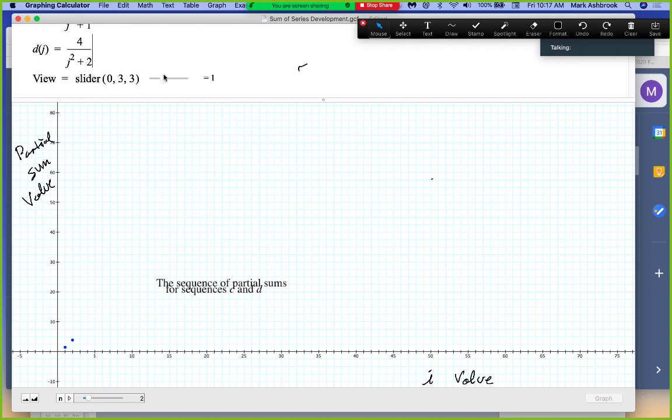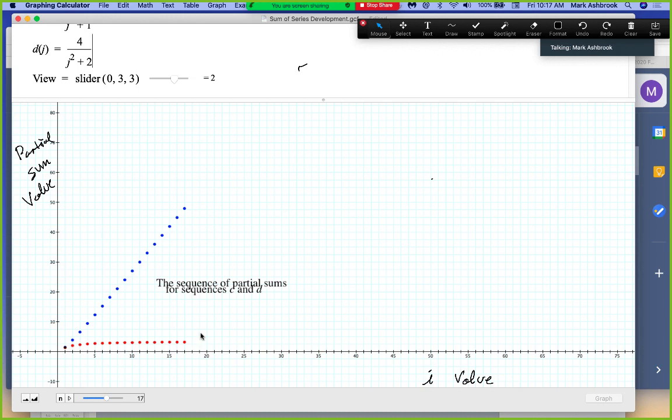0. So what's going to happen with those partial sums? We're going to keep adding a smaller and smaller value each time. So here I am at I equals 27.